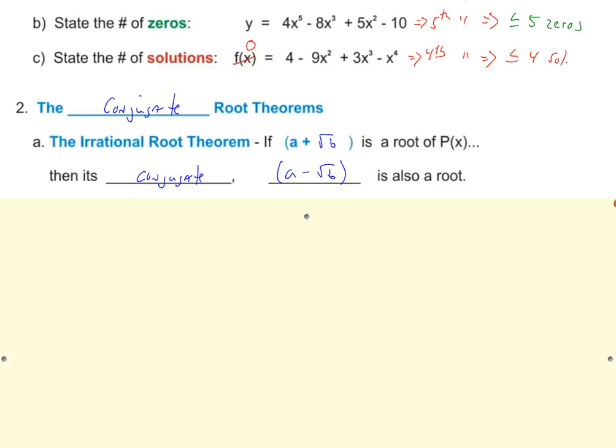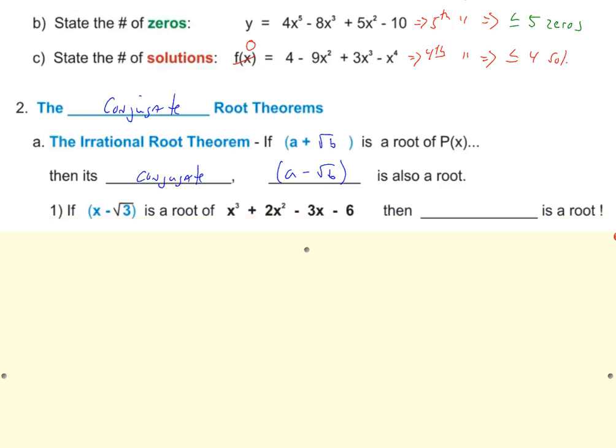So here's what we're saying. If you have one root that is irrational, it has an irrational number in it, which normally is going to be a square root of a number, then you know you also have its conjugate as a second root. That's the irrational root theorem.